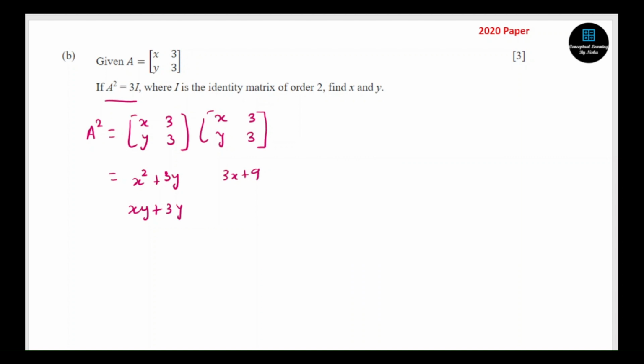And second row, second column, I'll get 3y plus 9. So we got this, and they said that it equals 3I. So what is 3I? Let me write this. 3I is 3 times 1, 0, 0, 1. So you will get 3, 0, 0, 3.